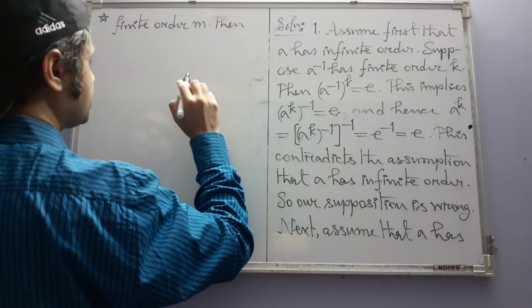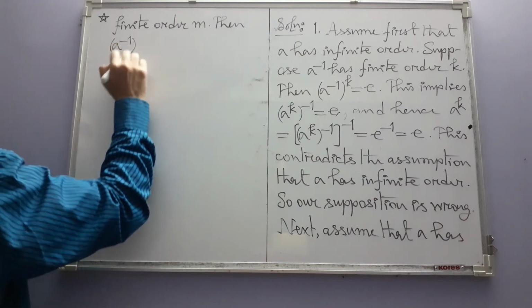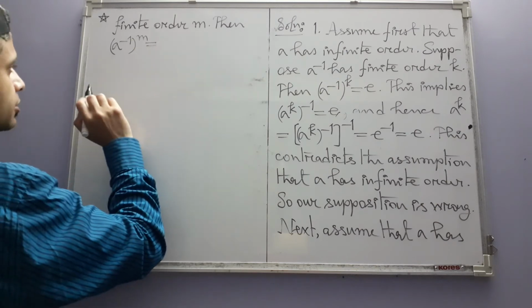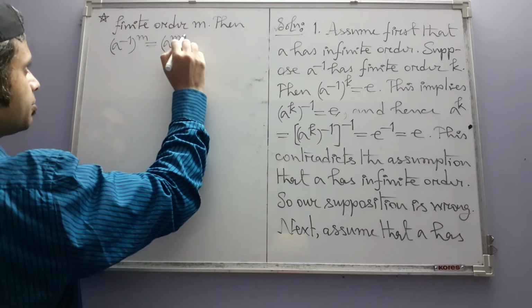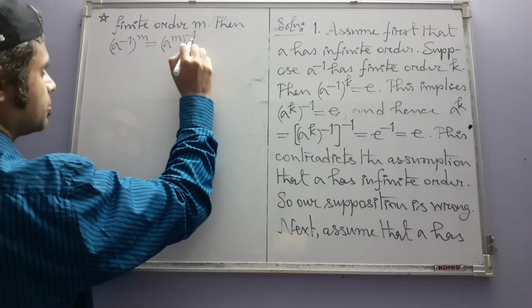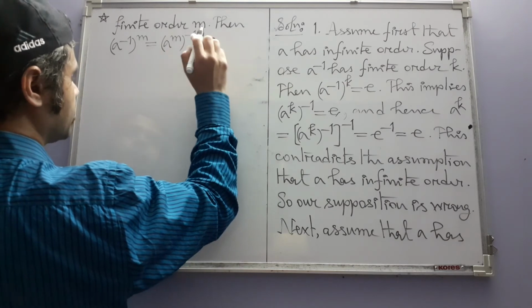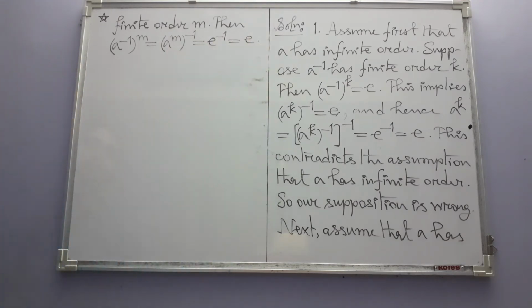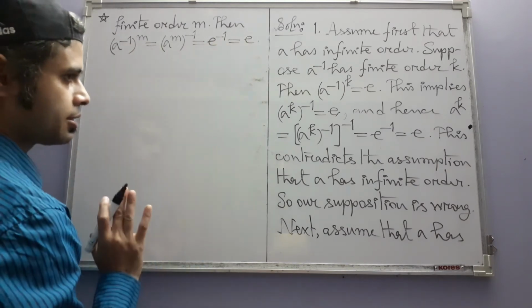Then A inverse to the power m. By the rules of exponent, this is a to the power m inverse. Now because m is the order of a, this power equals identity. Identity inverse is identity. So that means the mth power of a inverse equals identity.